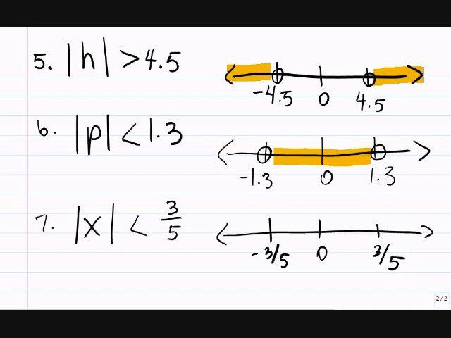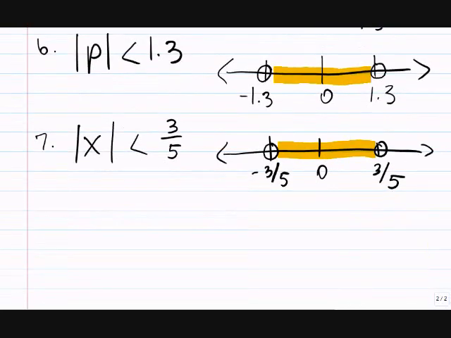Can you stop, please? Open or closed circles? Open. Insides or outsides? Inside. It's a less than. It's an inside. And the last one, 1 3/4.